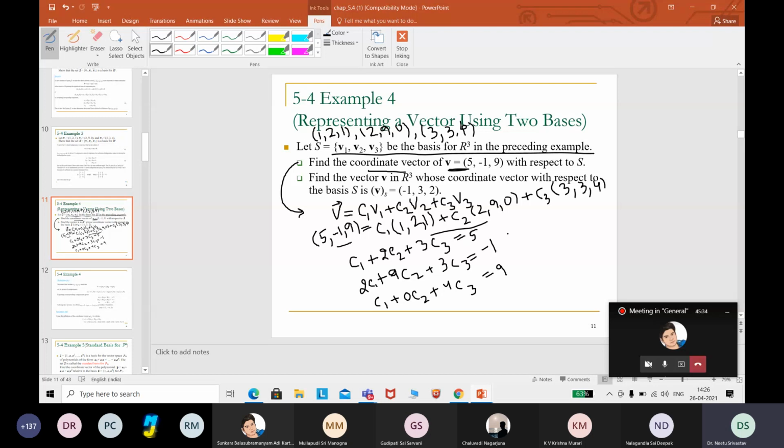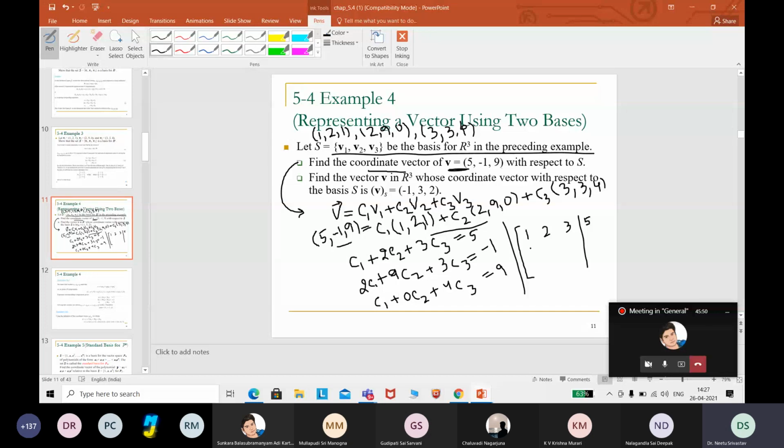Okay, and now I got the augmented matrix. So write your augmented matrix. Write all steps. Augmented matrix A given B, whatever you are writing. I am writing it like this just because of the space.